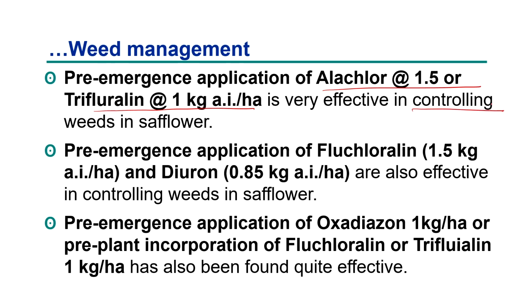You can also use fluchloralin at the rate of 1.5 kg per hectare, and diuron can also be used at the rate of 0.85 kg AI per hectare. And also you can use oxadiazon. Here you can see oxadiazon 1 kg per hectare, or pre-plant incorporation of fluchloralin or trifluralin at the rate of 1 kg AI per hectare.